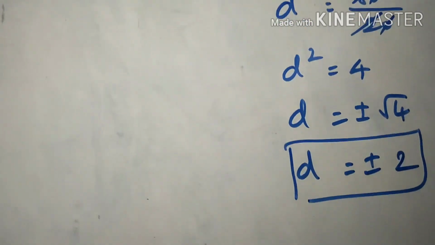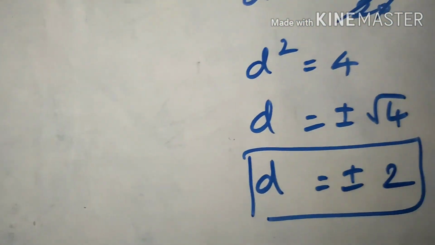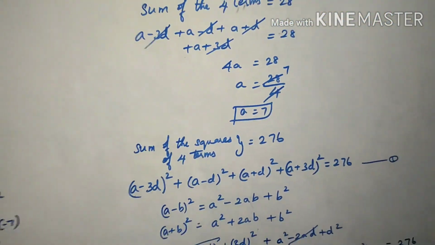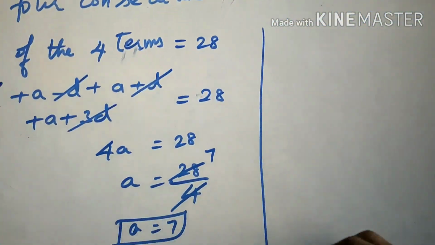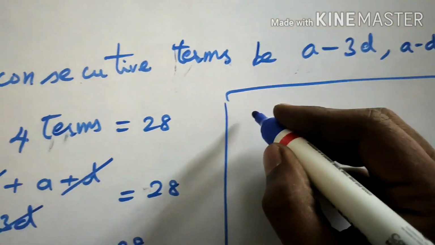Clear? So the value for d we got, how many values? 2 values. Now what I am going to do? I am going to substitute in the 4 consecutive terms here. Next page you have to do, or you can do below.